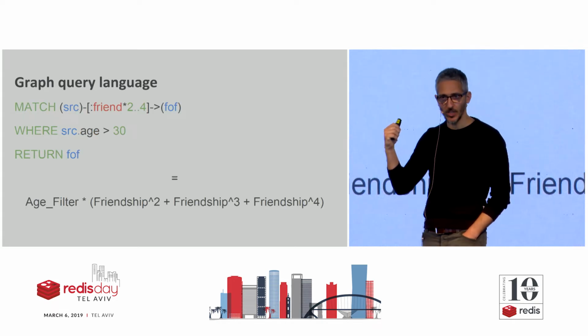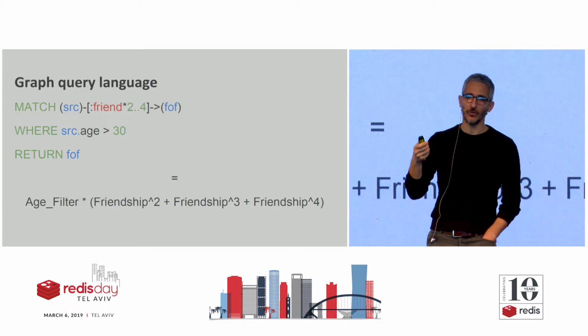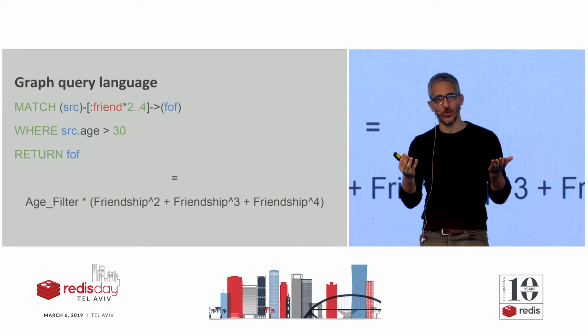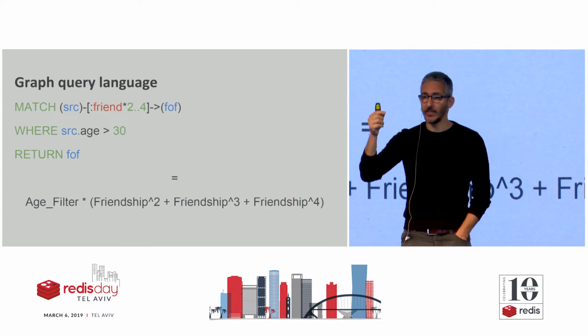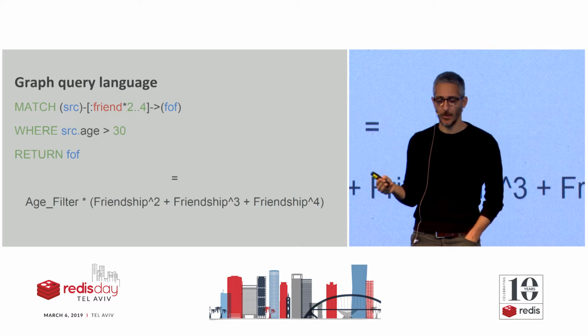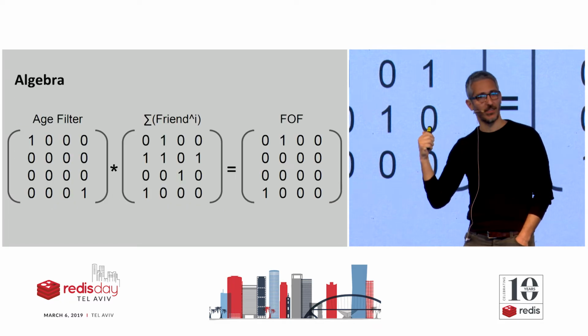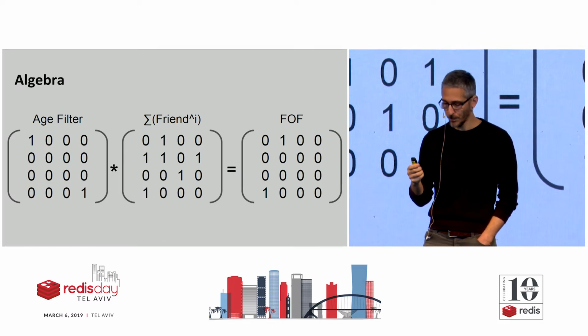This is the expression that Redis graph is going to evaluate. We would have a filter matrix representing everyone in the graph who is over 30, and then just multiply it by the friendship matrix raised to the power 2, 3, and 4, all added up together. So this is the computation. FOF is the end result.